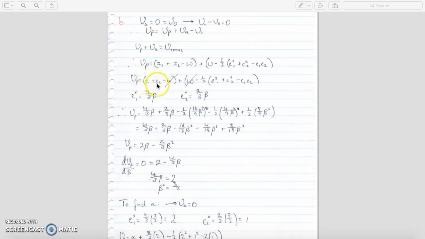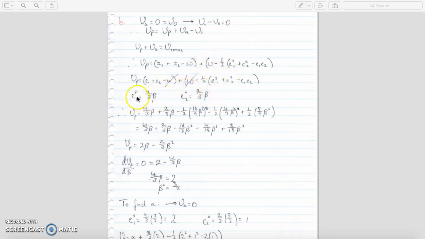We can substitute e1 and e2 into x1 and x2 respectively. And then we know from part A that e1 star is given by 4 over 3b, and e2 star is given by 2 over 3b.